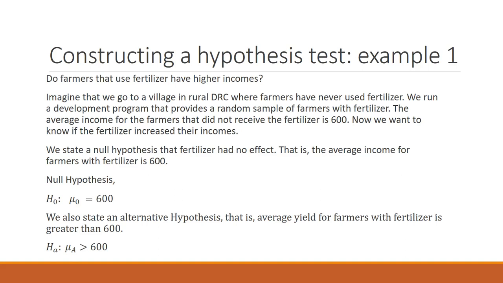But we don't know the true population mean, remember, I said before, and so we couldn't calculate our z-score. Well, now, in this example, we're going to be able to see why the z-score, the t-score, is really useful for us.